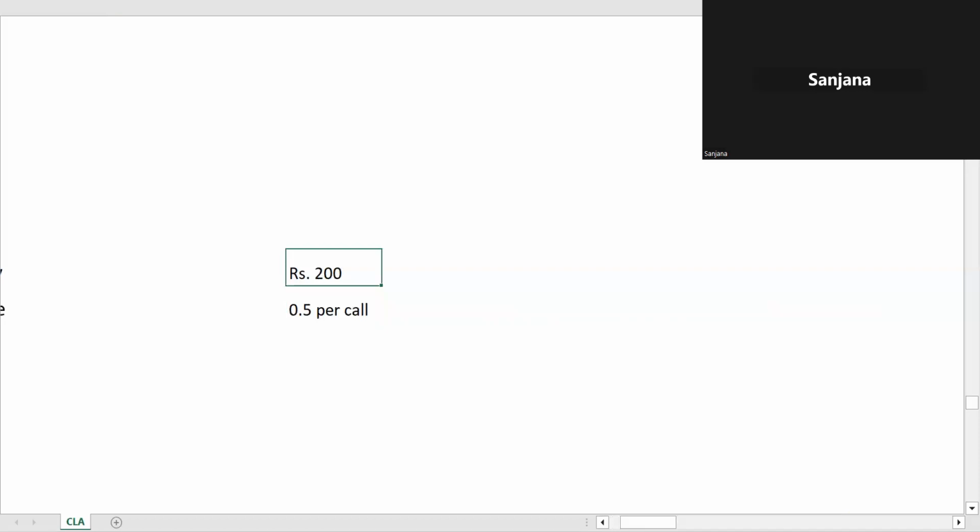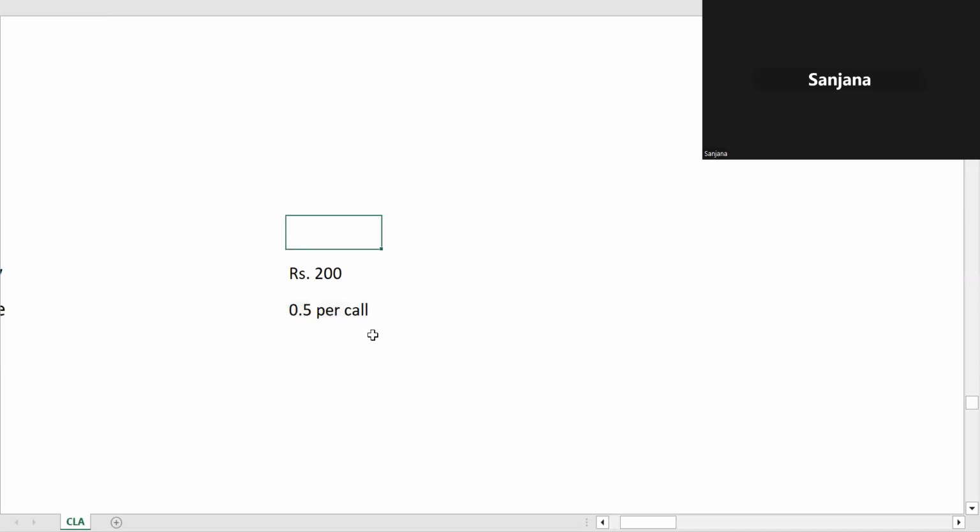So this is fixed and this is variable. The more calls you make, the more will be your cost, but not in direct proportion. In variable, it increases in direct proportion. If 200 were variable, it would become 400, 600, 800, so in a graph a straight line will come. Here the increase is there, but it is not in a straight line. That's why it is called a semi-variable expense.